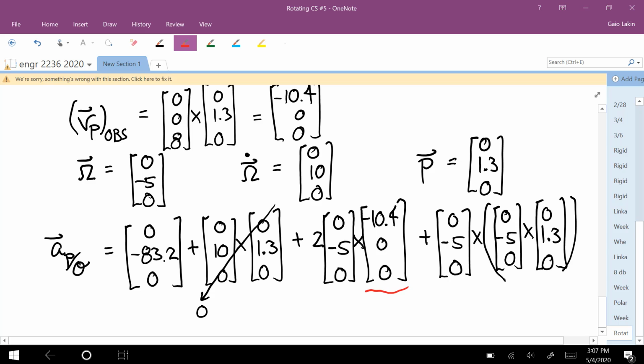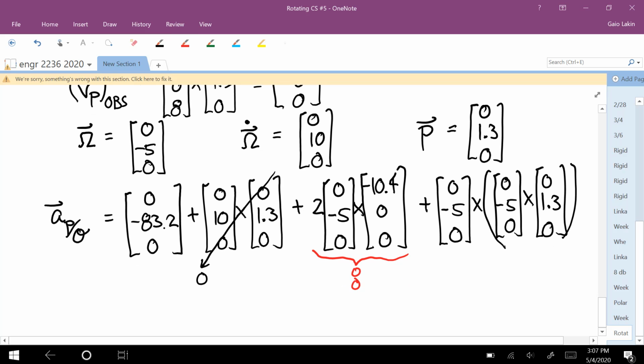This whole thing comes out to be (0, 0, -104).